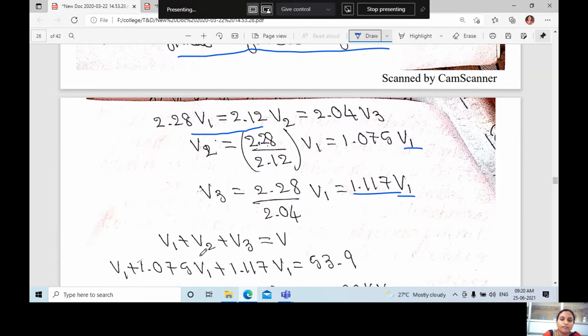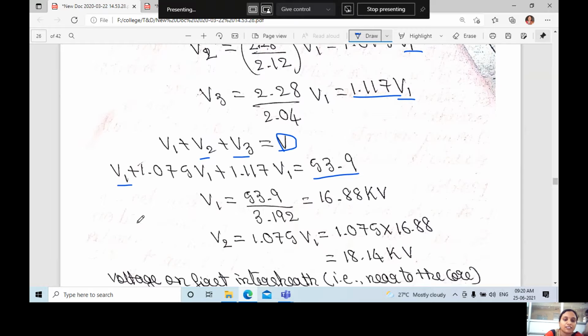Now we know the values of V2 and V3 in terms of V1. We also know the value of V, so substitute V1, V2, V3, keeping V1 as it is.